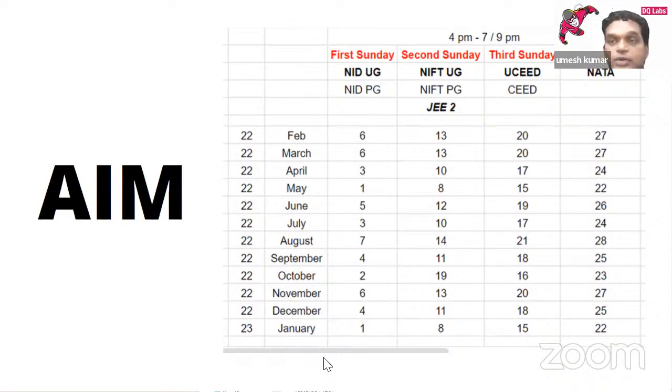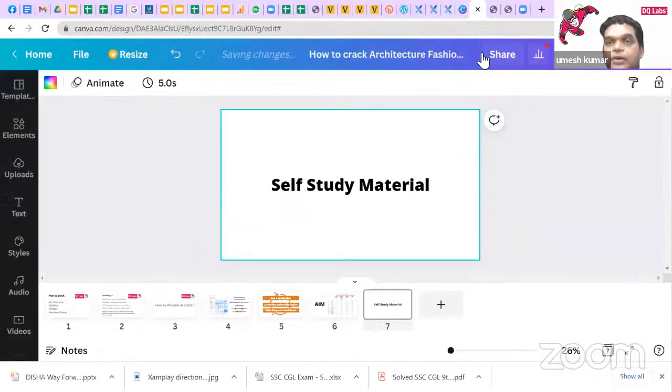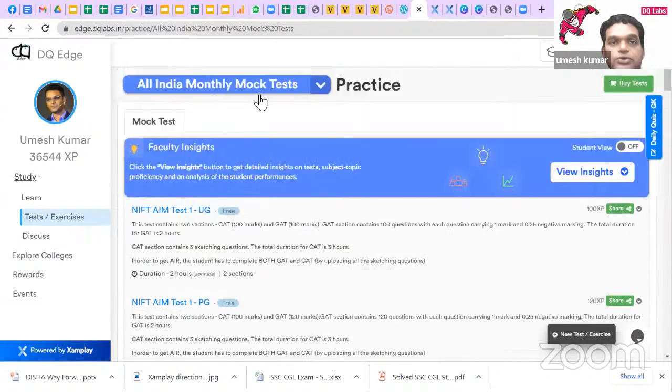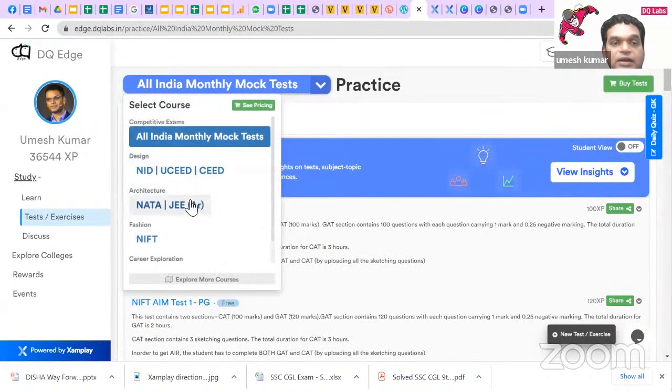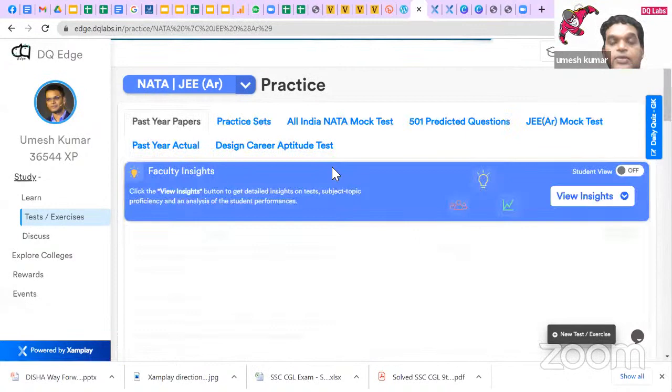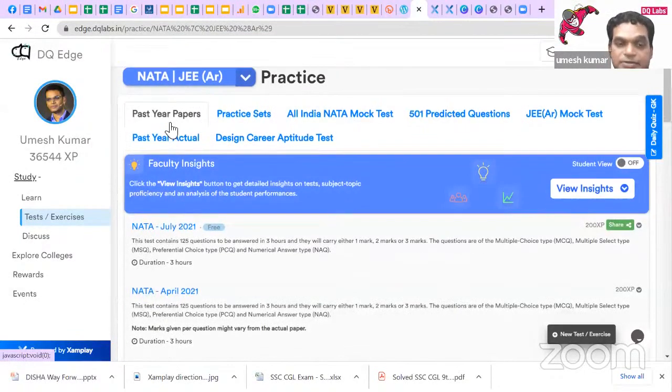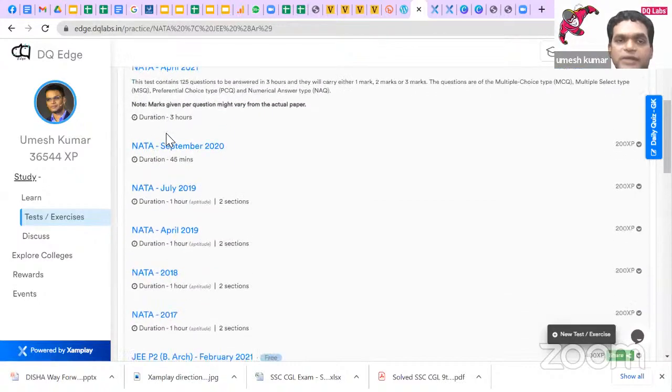Because the NATA All India mock test is on February 27th, what I suggest is, once you go to the NATA JEE paper, start off with the past year papers. Go through all the past year papers.